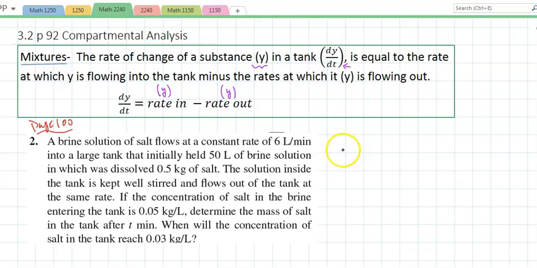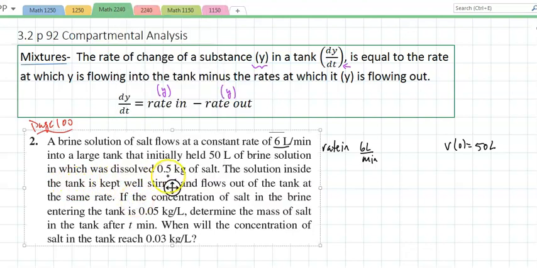So I figure the rate in is 6 liters every 1 minute into a large tank that initially held 50 liters. The initial volume is 50 liters, of brine solution, in which was dissolved half a kilogram of salt.